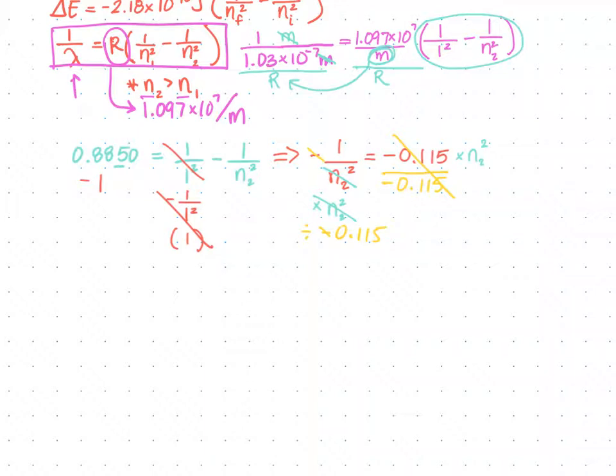If I compute that value on the left-hand side, I should have 8.6957 is equal to n2 squared. To get n by itself, I need a square root. So n is about equal to 2.95. Because I know n has to be a whole number, I round it to 3.